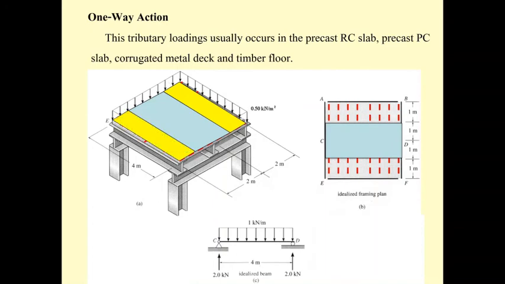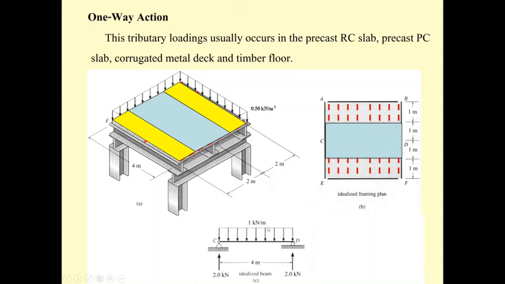Okay, the yellow area is going to be half of this, the green area. So the force on beam CD is going to be 2 times larger than the force on beam AB and beam EF.